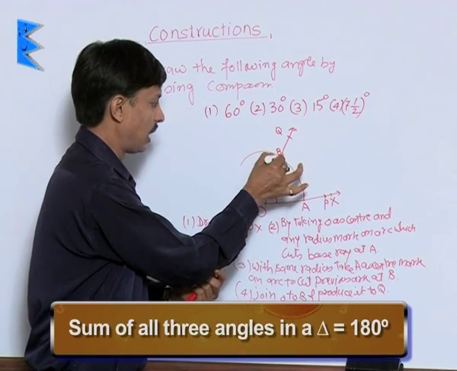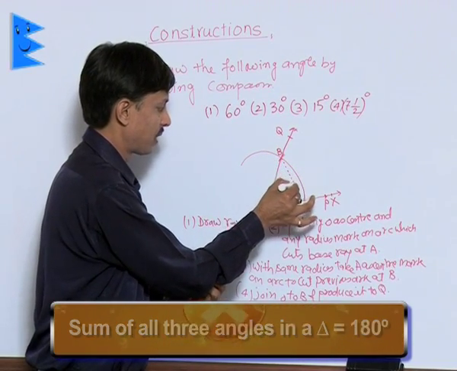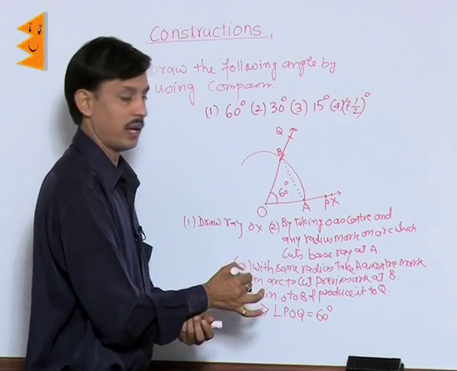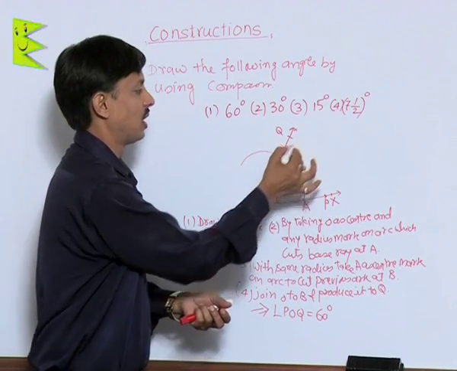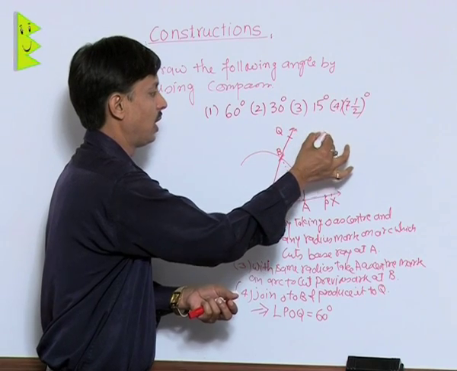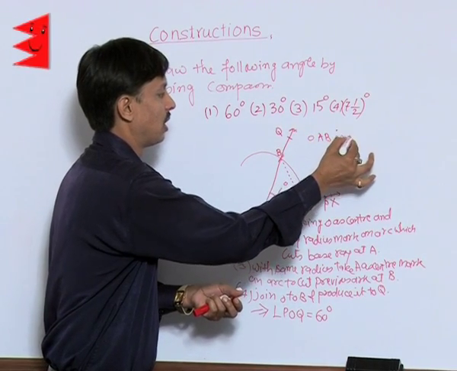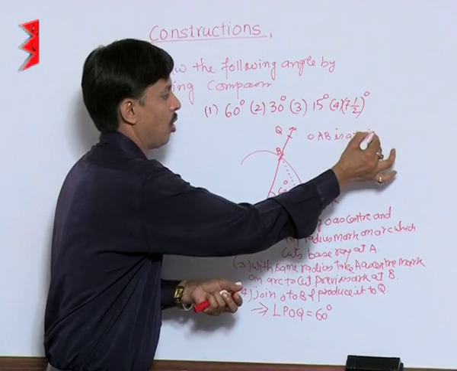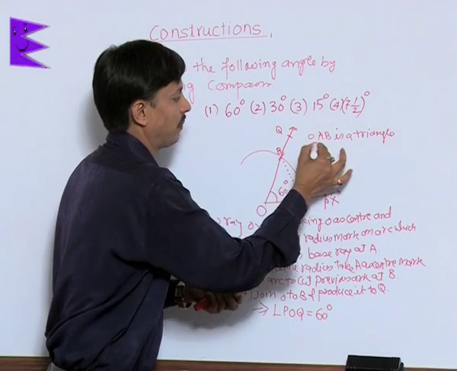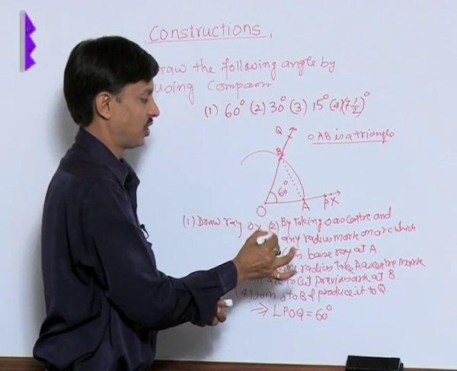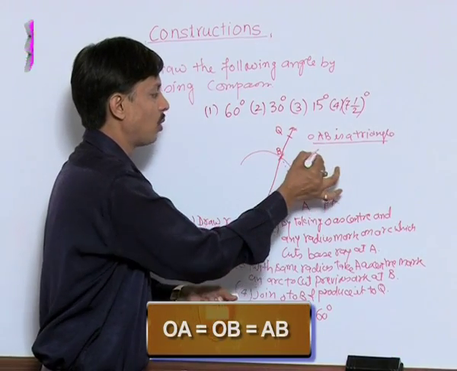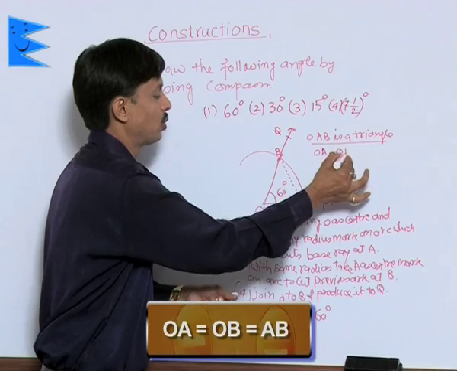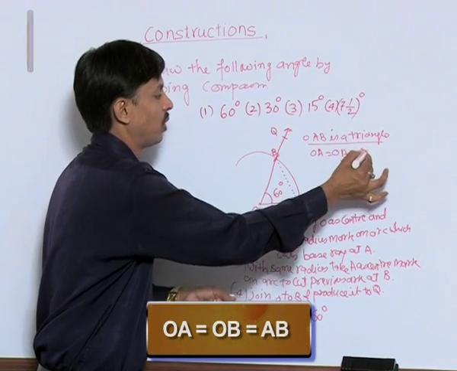So if I join B to A, you can observe OAB is a triangle. Number one, I am talking about justification: OA and OB, OA is equal to OB, and is equal to AB.